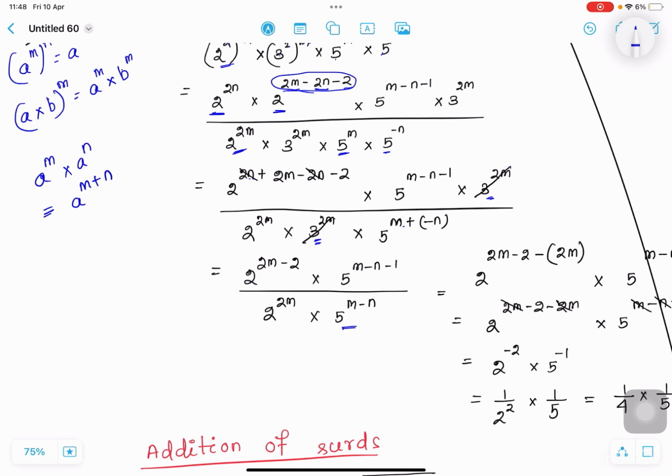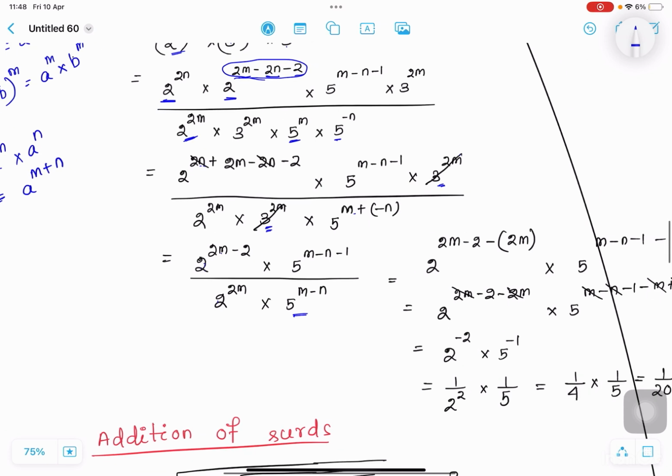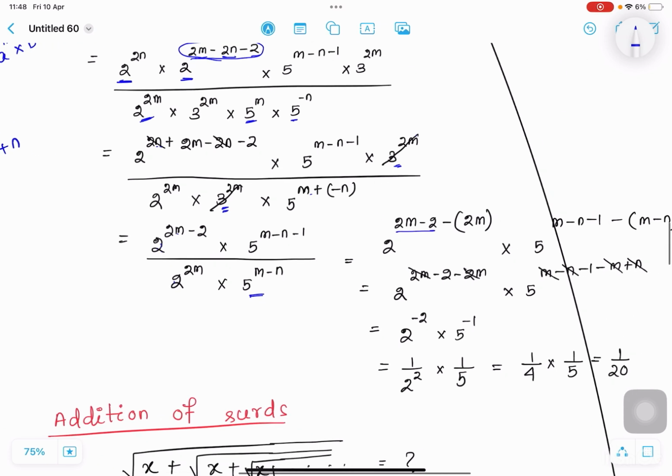2 to the power 2m minus 2 by 2 to the power 2m. So here bases are equal, but it is division. That's why here I have written 2m minus 2 minus 2m, because a to the power m by a to the power n is equal to a to the power m minus n.